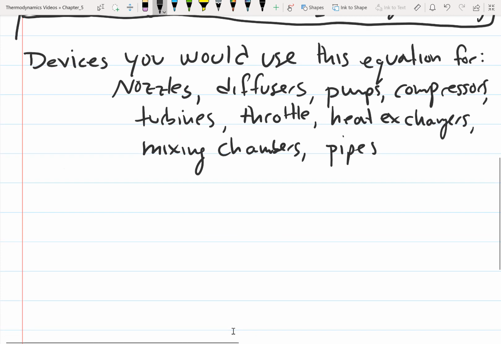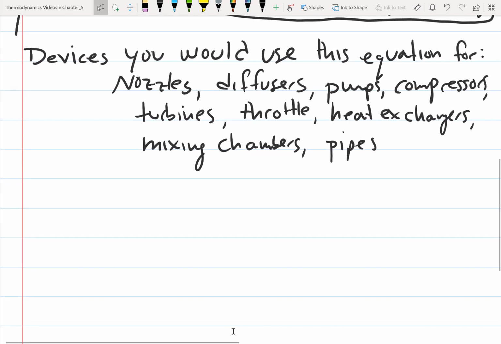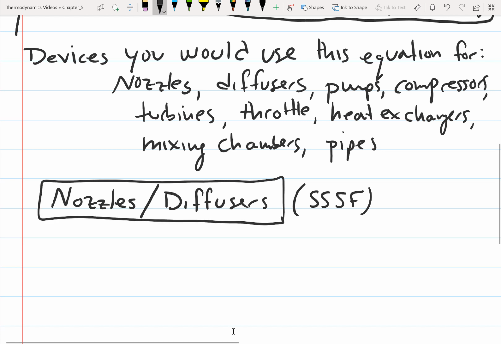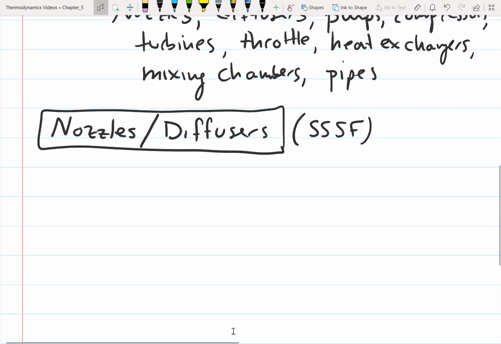What we're going to do is apply this first law energy balance to nozzles and diffusers. Nozzles and diffusers are single stream steady flow devices, so we can specify that. Let's draw a picture of what they would look like. This would be a nozzle. A nozzle is going to have low velocity in and high velocity out.